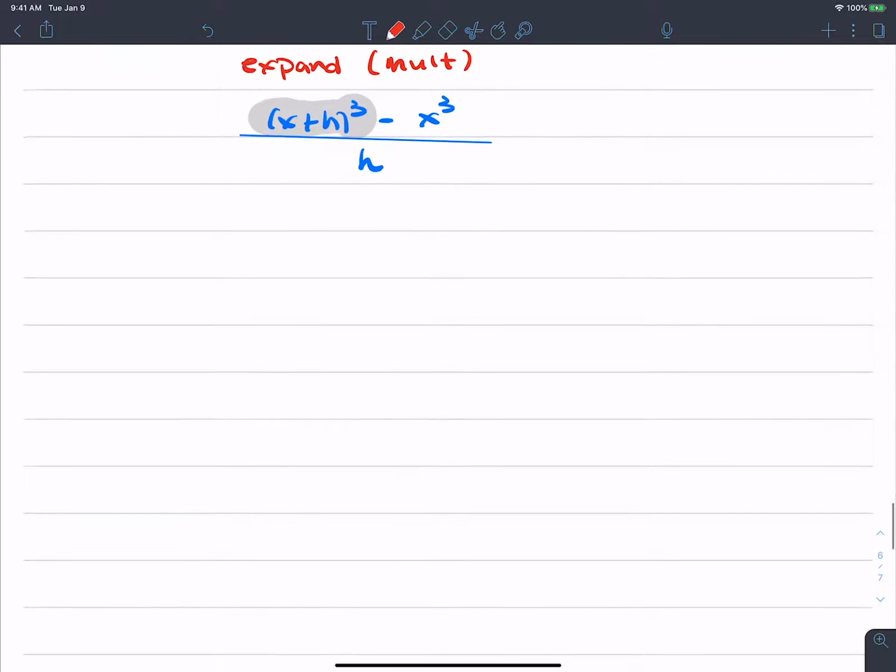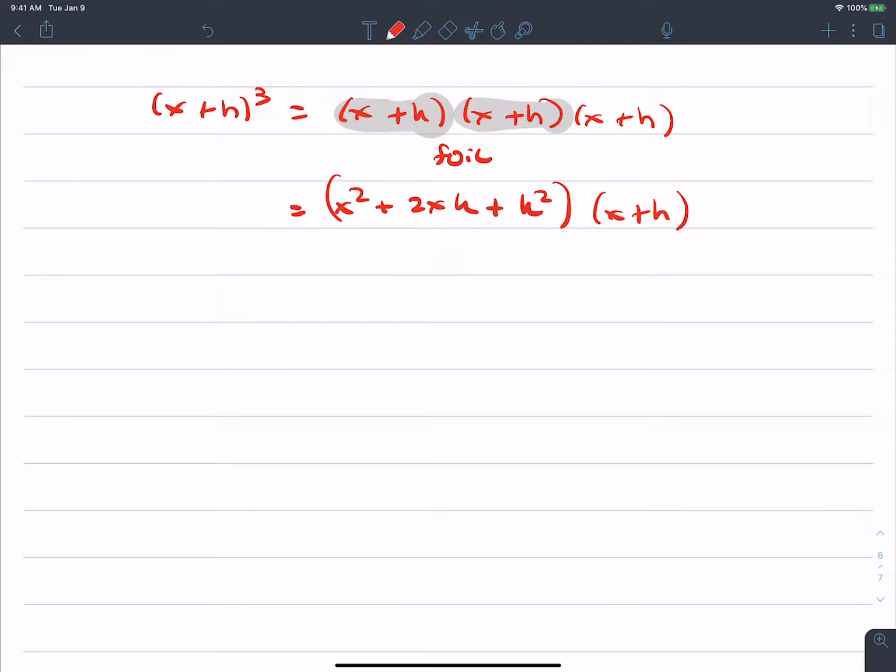And we end up with x squared plus 2xh plus h squared over x plus h. So now we multiply.